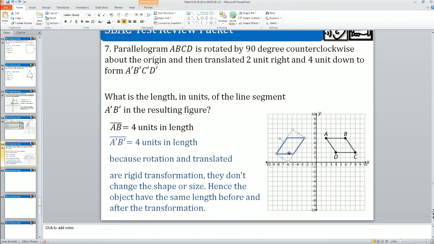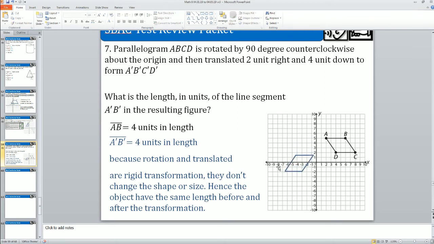That's off a little bit. Okay, that's what it looks like after the 90 degrees counterclockwise rotation. Then it is 2 units to the right. 1, 2. Then 4 units down. 1, 2, 3, 4. Okay.